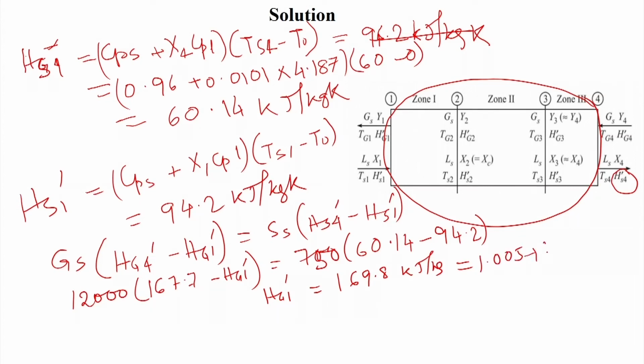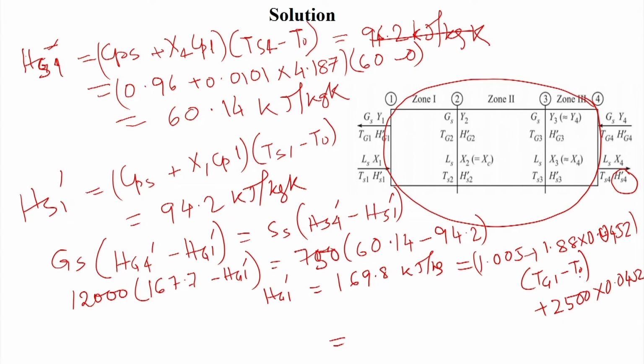That is equal to, using this formula, 1.005 plus 1.88 into y1 prime, that is 0.0452, into Tg1 minus Tg0, plus 2500 into y1 prime, that is 0.0452.